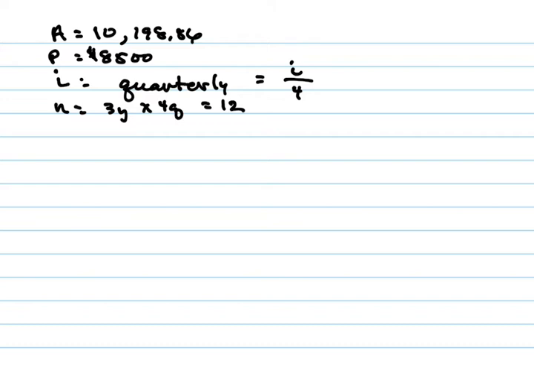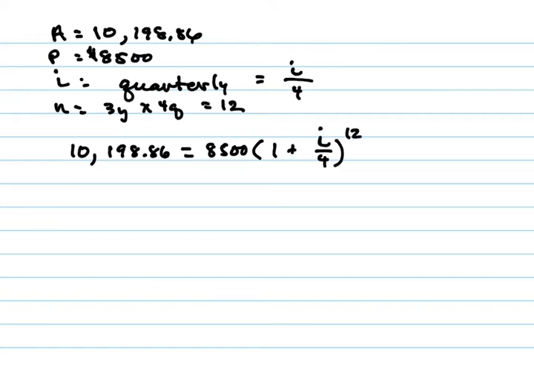Now, plugging that information into our formula, we're going to have $10,198.86 equals our principal, which is $8,500, times 1 plus I over 4 raised to the 12th power.